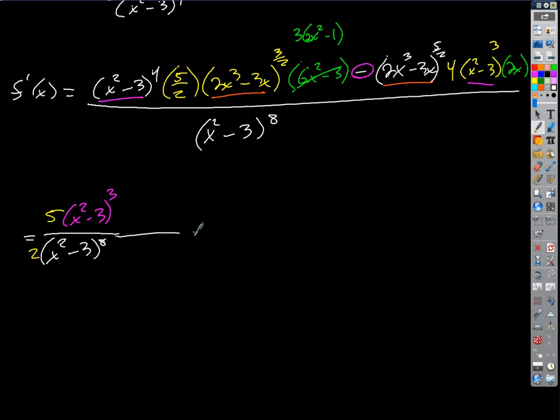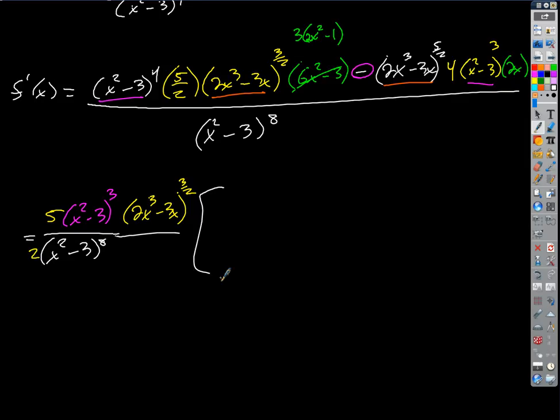I can take out a 2x cubed minus 3x squared to what power? 3 halves. Okay, and that's it. Now what am I left with if I do that stuff?